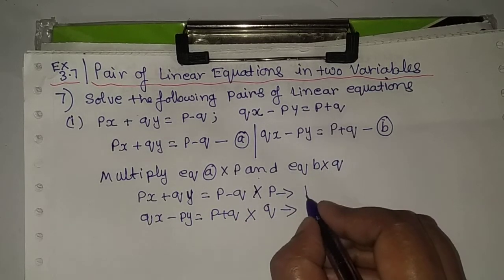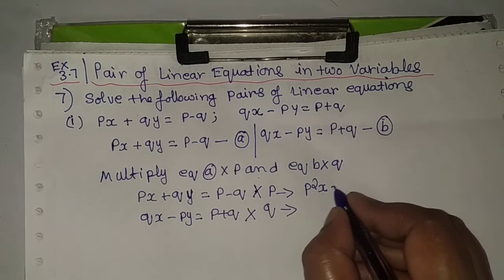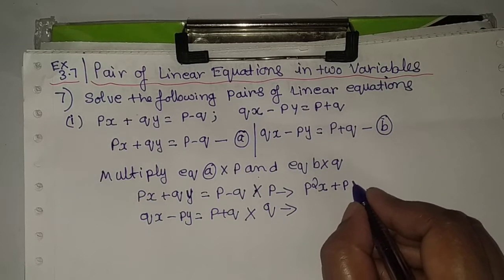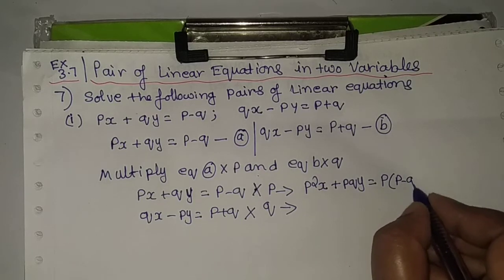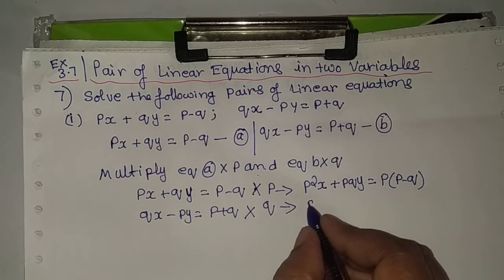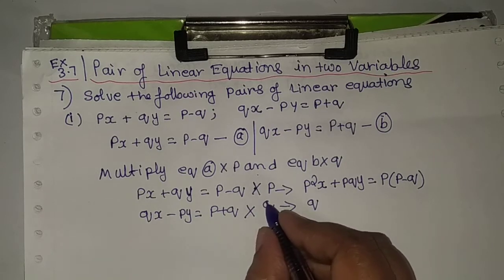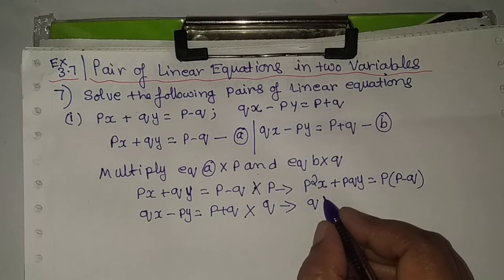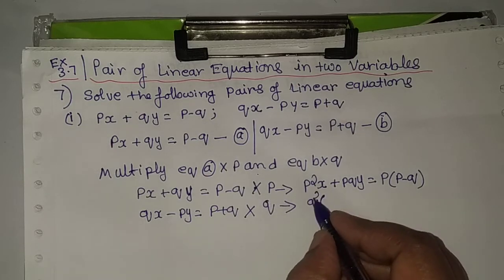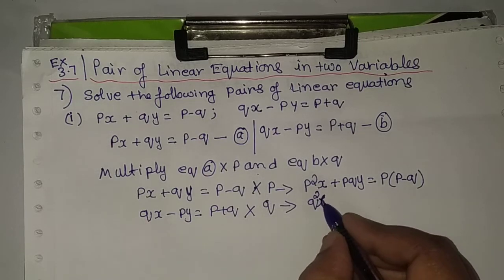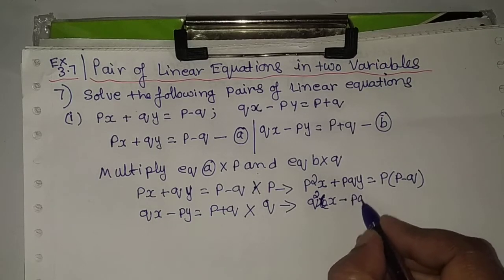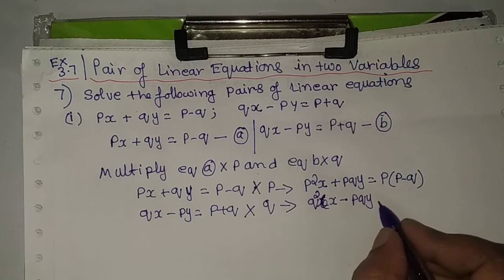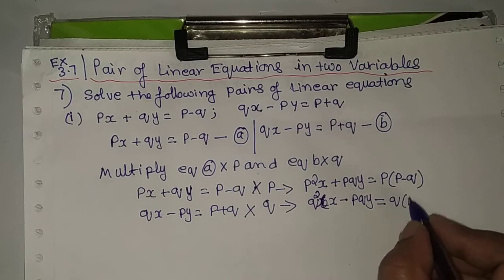This will become P²x + PQy = P(P - Q). Therefore next is Q²x - PQy = Q(P + Q).